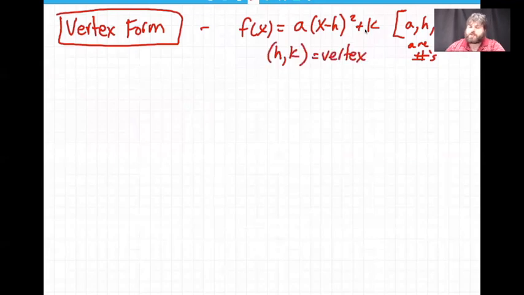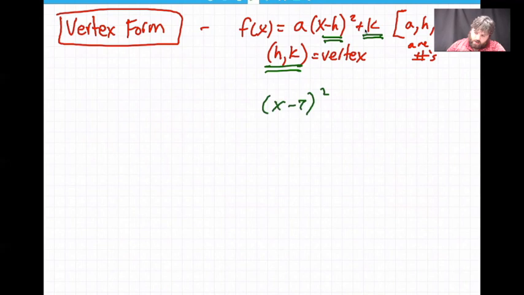Now one thing you have to notice here is that in the formula, it's x minus h squared. You see how I have this minus h here, and I have a k. The vertex is (h, k), not (minus h, k). So you've got to remember that if the formula says x minus 7 squared plus 10, the vertex is (7, 10).